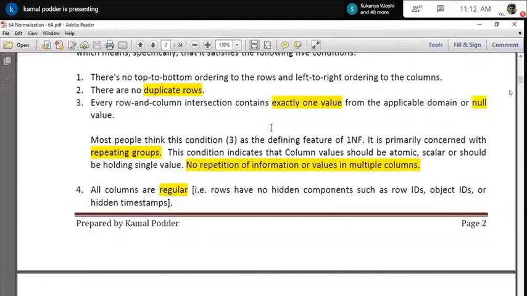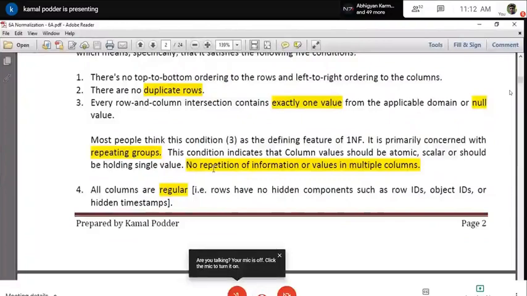How to implement that is a different issue. But the first normal form says you should not keep either of these. That means either multiple columns for the same information, or clubbing values together into one column. You should not do either. There should be no repetition of information or values in multiple columns; if there is, it violates the first normal form.